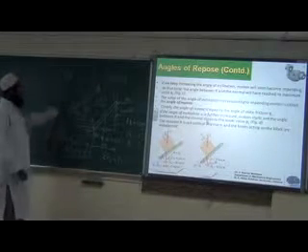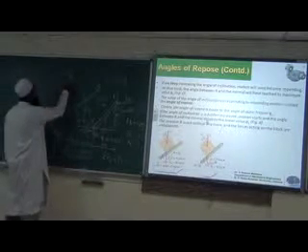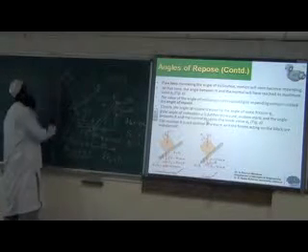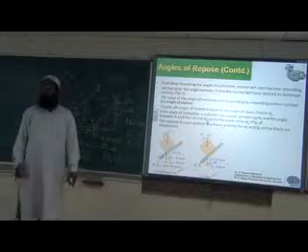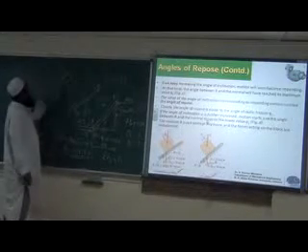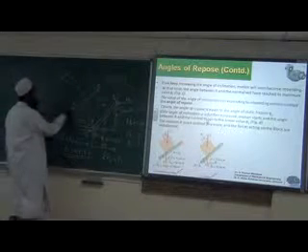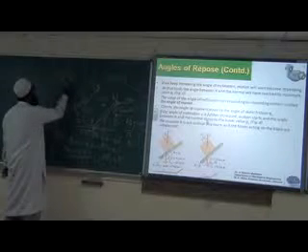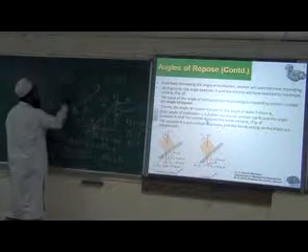If we take moment about B, counterclockwise positive, some convention we have to follow, and equate it to 0. This force is in the clockwise direction and W is in the anti-clockwise direction.